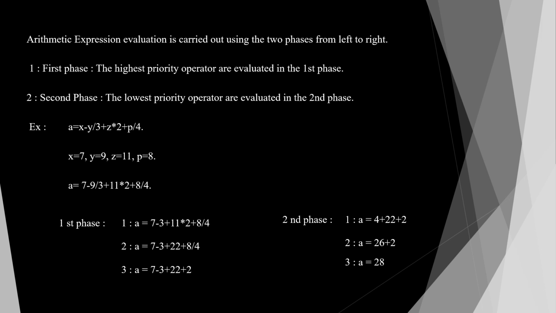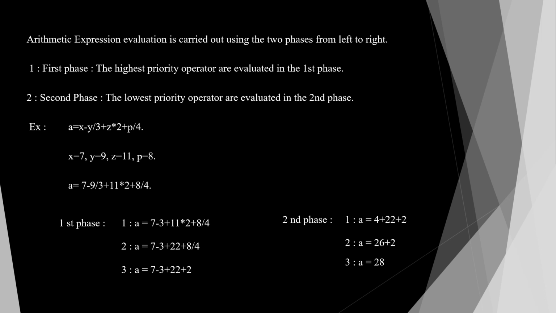Here is the example: a equal to x minus y slash 3 plus z star 2 plus p slash 4. In this example, we are already assigning the values x is equal to 7, y is equal to 9, z is equal to 11, p is equal to 8.